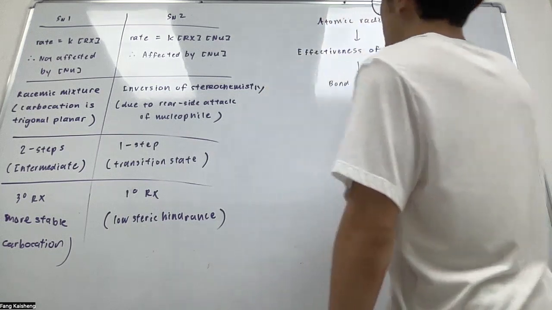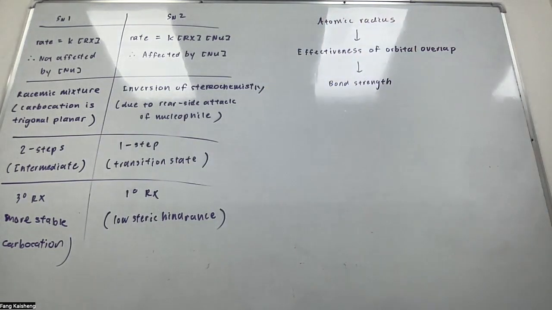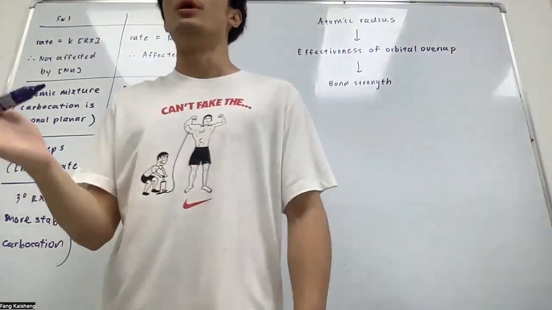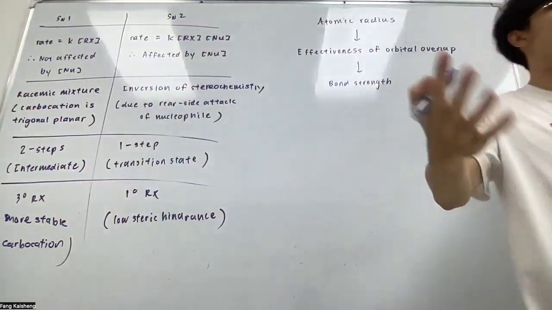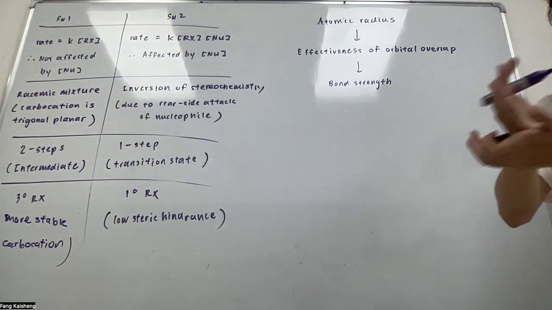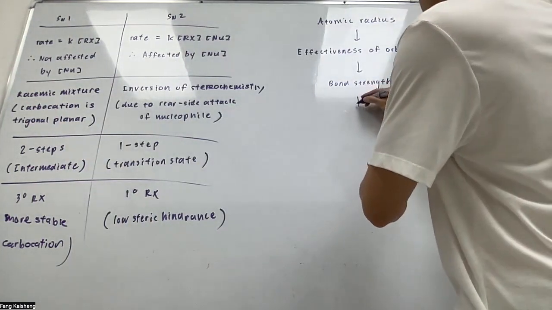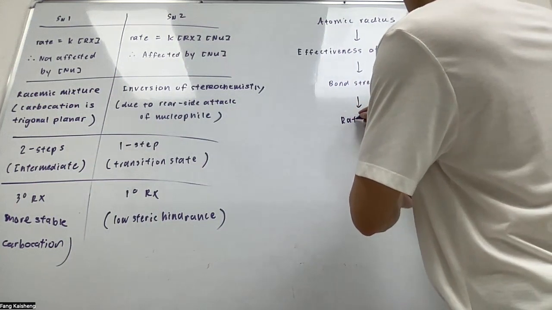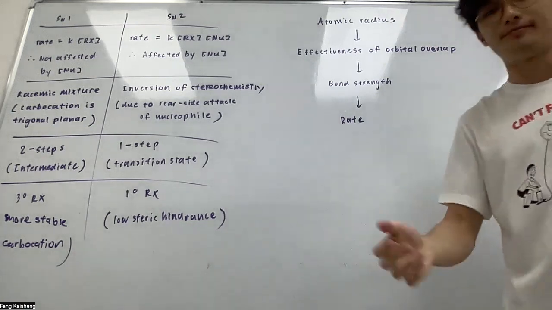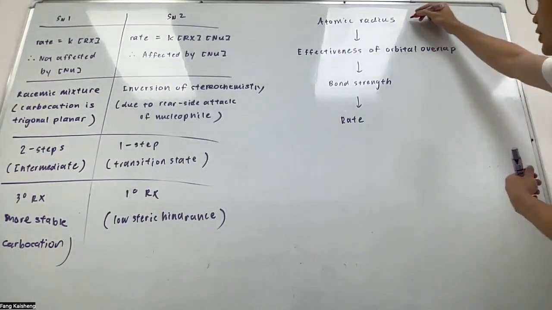Now we are going to relate it to rate. A stronger bond, is it faster or slower? Slower. Stronger bonds, slower; weaker bonds, faster, because at the end of the day we are just breaking the C-X bond. Go through the flow first, then relate it to rate. Down the group, atomic radius increases.